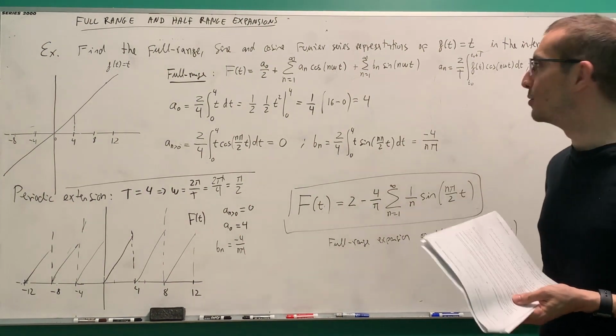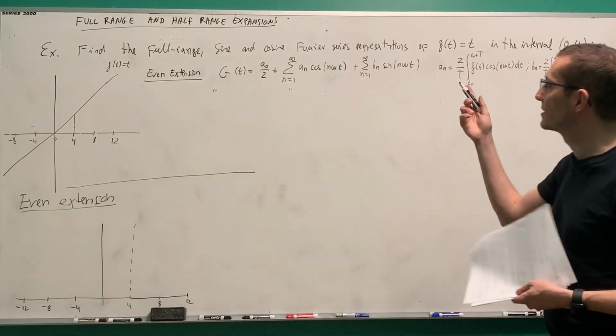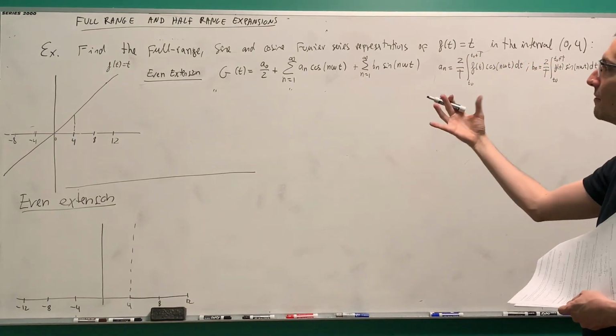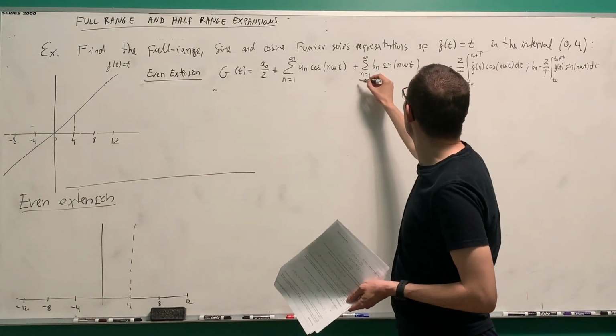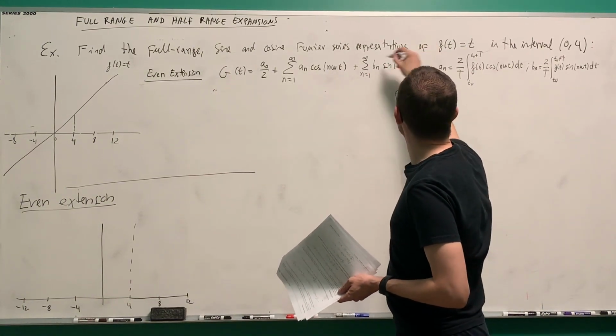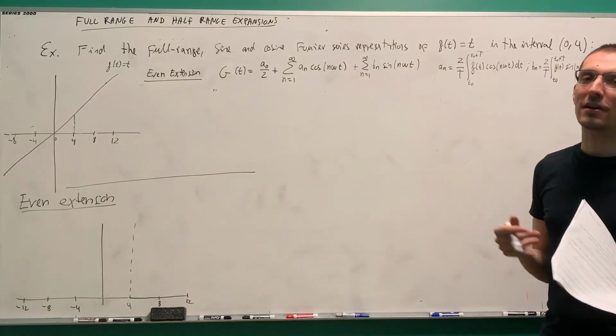All right, let's do the even extension, so the cosine representation, which is going to be the cosine Fourier series. Now we know that this one will not have a sine part. In fact, I could remove it outright, but let's not, and let's compute it and see that it's indeed 0.